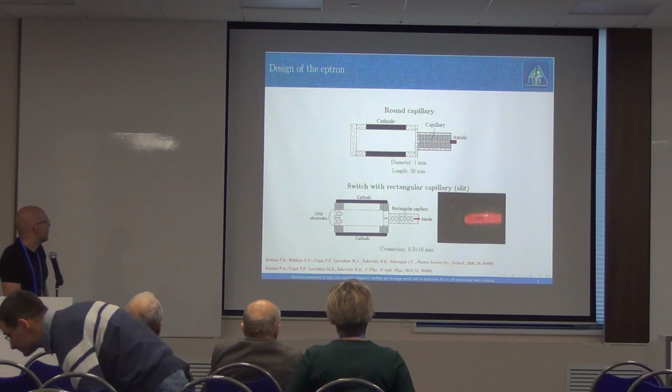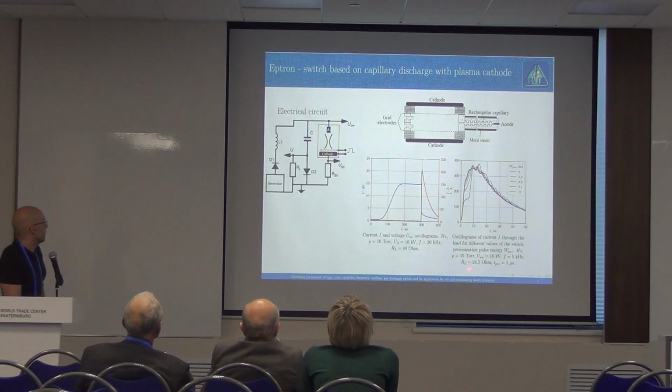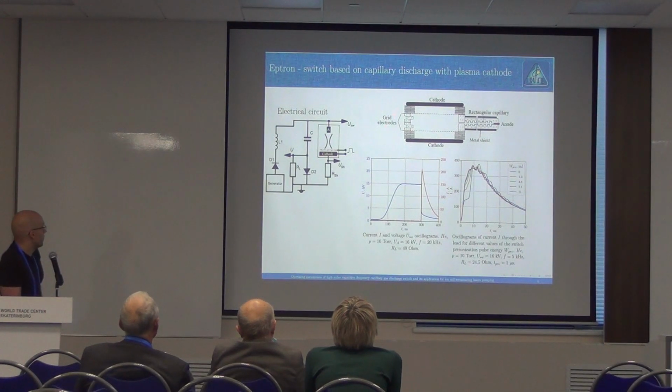Some more information about this switch. We use two additional grid electrodes in order to pre-ionize the cathode region.